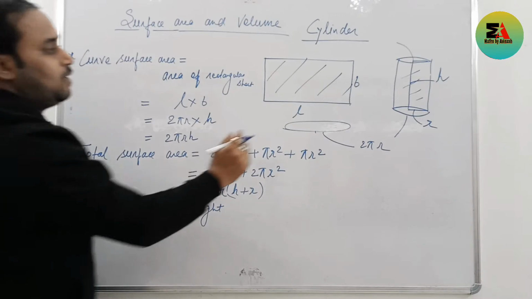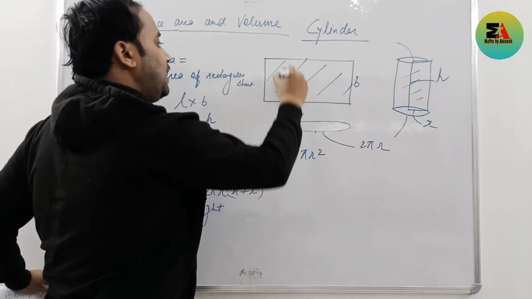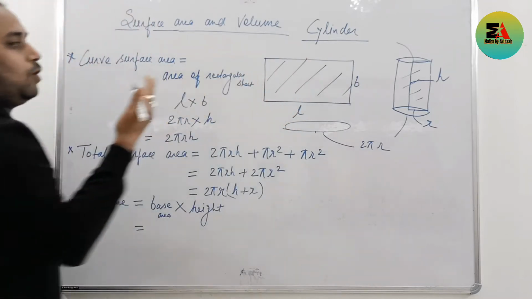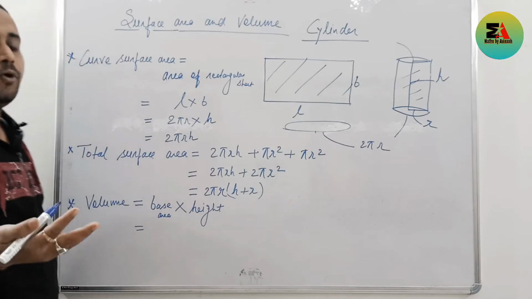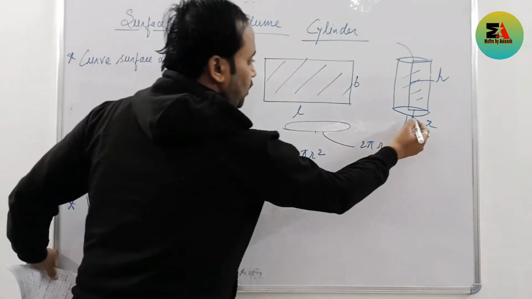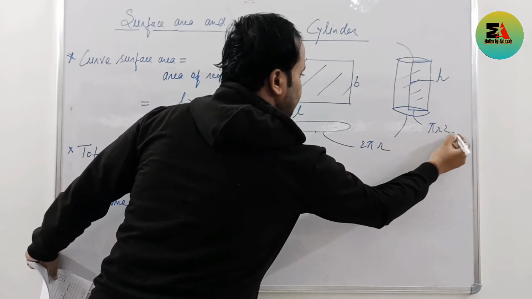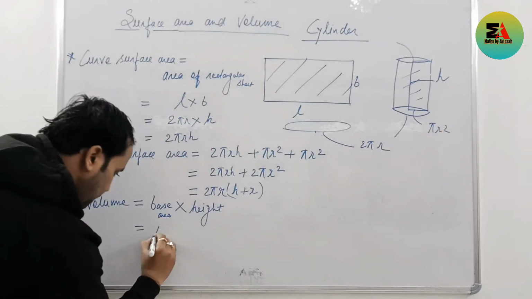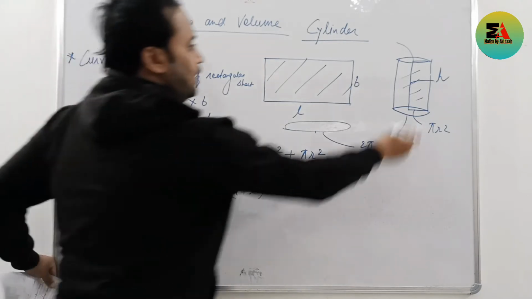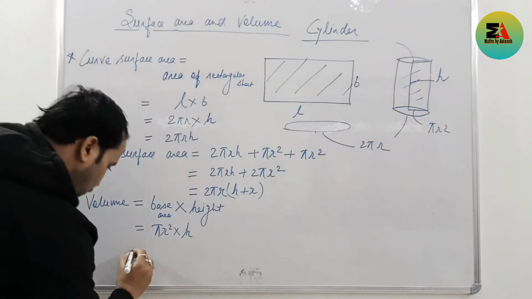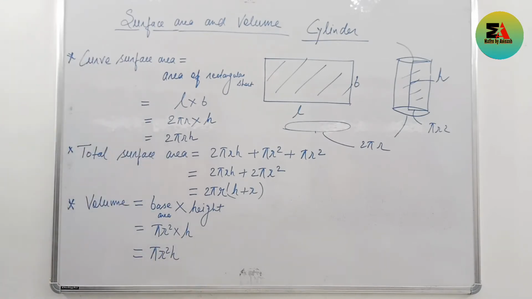For example, this base area is L into B. If you multiply it by height h, it becomes volume, and this figure becomes a cuboid. So here the base area is pi r square, this is the base area right here. And height is h. Therefore volume becomes pi r square h.